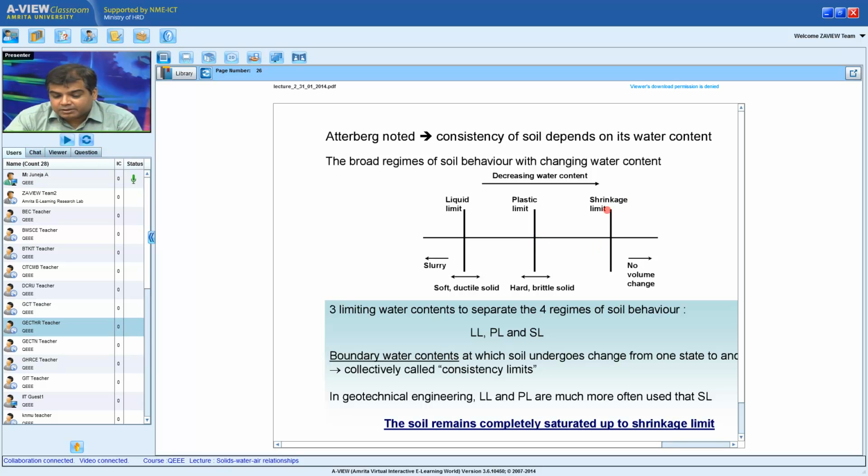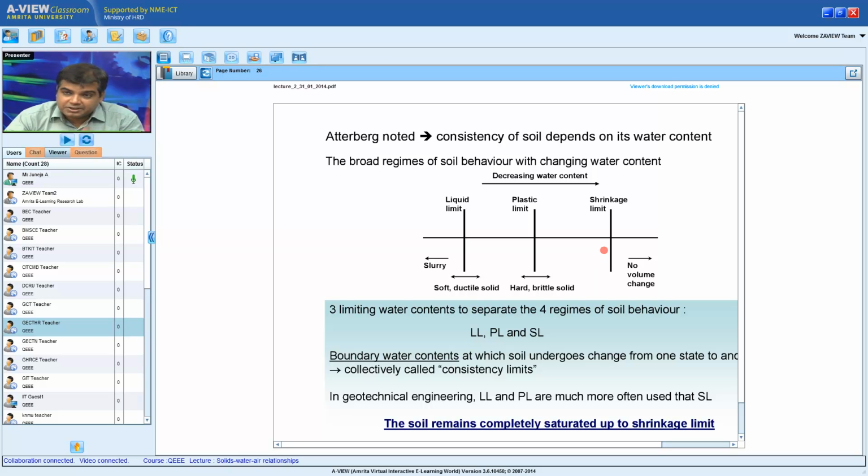Somewhere below the plastic limit, which again is a water content, if you go down and decrease the water content, there is a term called shrinkage limit. Meaning, as we were moving from left to right, the soil had started to shrink or reduce its volume. It reduced its volume to this value. Below this value, the soil will no longer shrink. That's the volume it has reached.